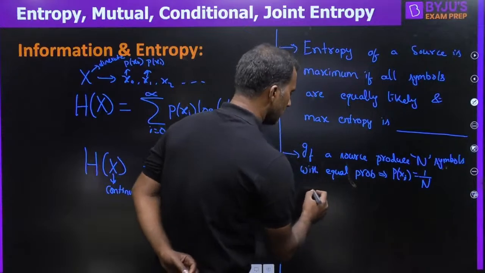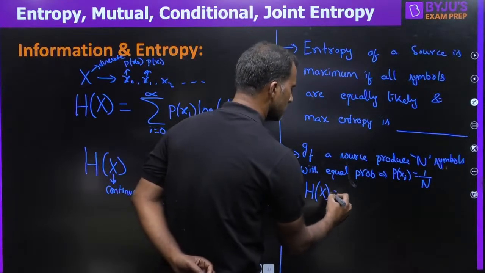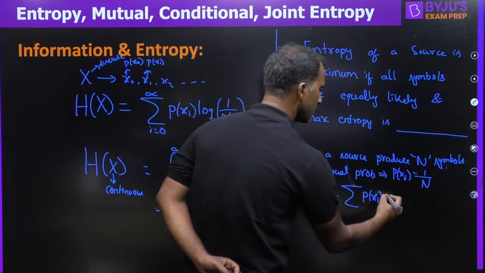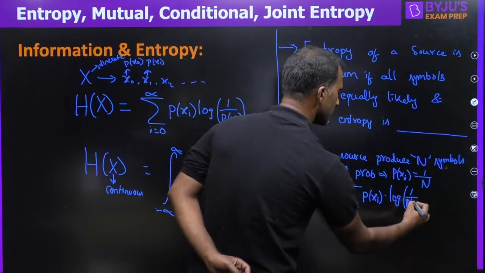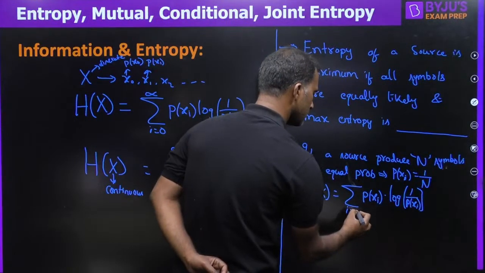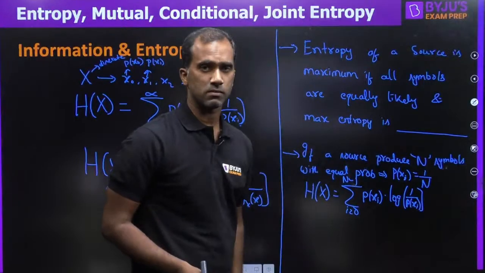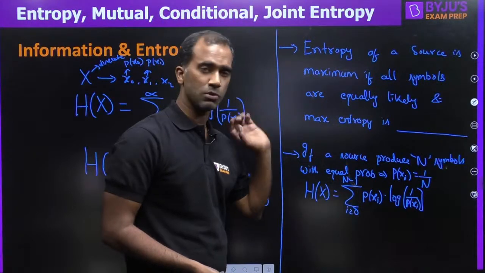Right. Now let us find the entropy now. H of x is equal to sigma p of xi, I am just writing the formula first, into logarithm of 1 by p of xi, where i runs from 0 to n minus 1. Because we know there are n symbols. If nothing is mentioned, if there are infinite symbols, we can write from 0 to infinity.